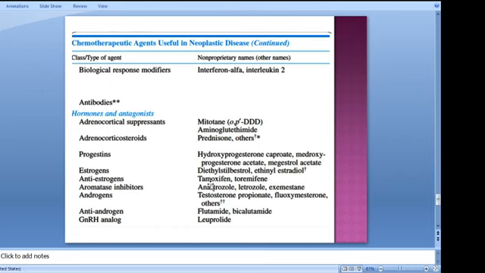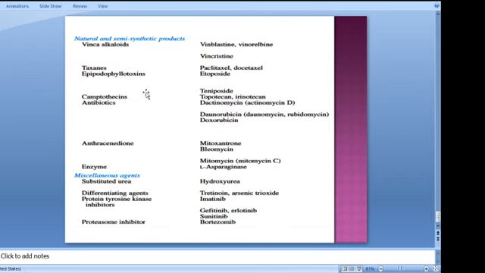Then anti-estrogens like tamoxifen and toremifene, androgens like testosterone and fluoxymesterone, and anti-androgens like flutamide. Then natural and semi-synthetic drugs like antitubulin agents, vinca alkaloids such as vincristine, vinblastine, and vinorelbine, and taxanes like paclitaxel and etoposide. These are all the drugs that come under the classification.